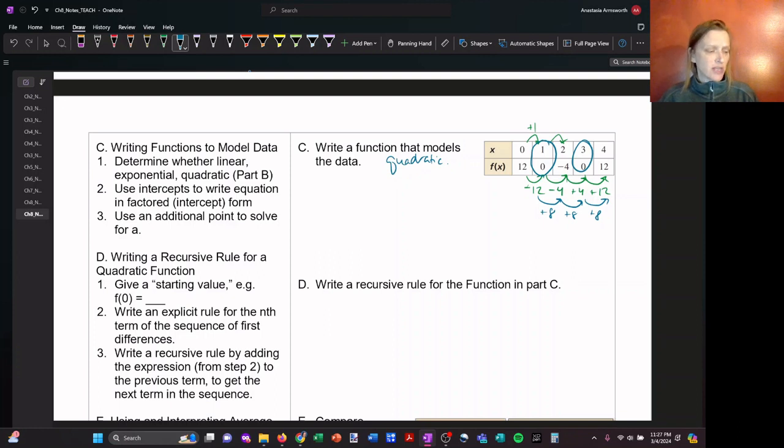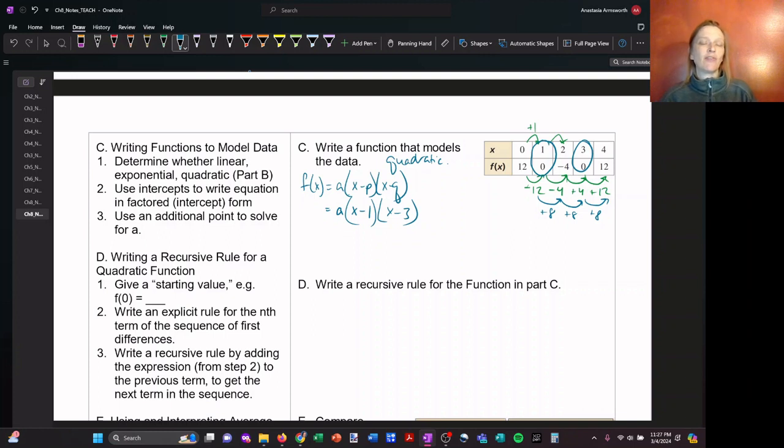So I can use intercept form to help me write the function, which looks like f of x equals a times x minus p times x minus q. So I'm going to plug in values for p and for q. My p value is 1 and my q value is 3. I still don't know what my a value is, but this has gotten me started on the function.